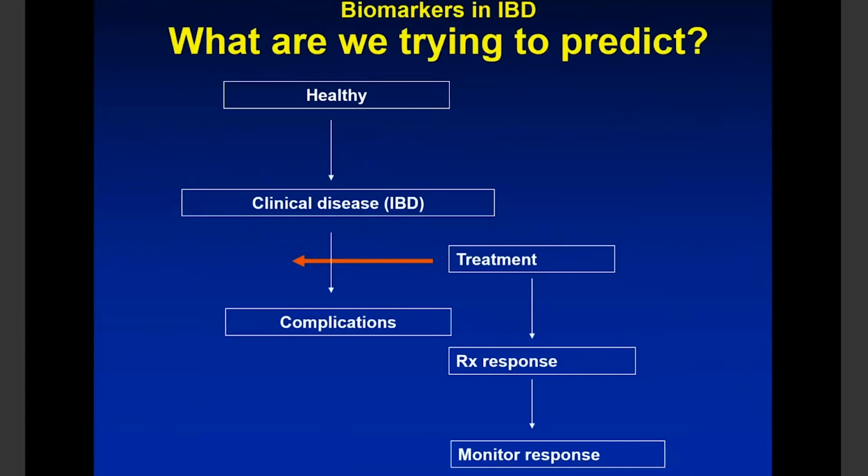And then if we are starting patients on treatment with the goal of preventing those complications, we also may need to use microbiome-based biomarkers for predicting therapeutic response to individual treatments and to monitor response to continued use of those treatments. So when we're trying to use microbiome-based biomarkers, I think we want to be clear which of these goals we are trying to achieve, as there may be some common factors, but also differences in which signatures are relevant for which outcome.